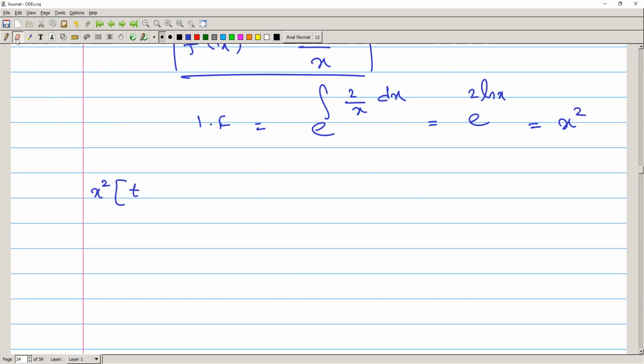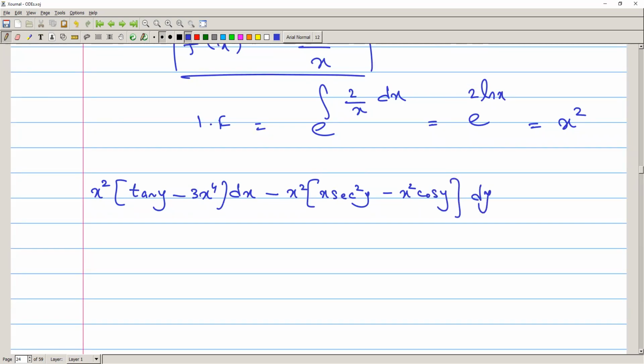So it's x squared times tangent y minus 3x to the power 4 dx minus x squared times x sec squared y minus x squared cosine y, and dy is equal to 0.